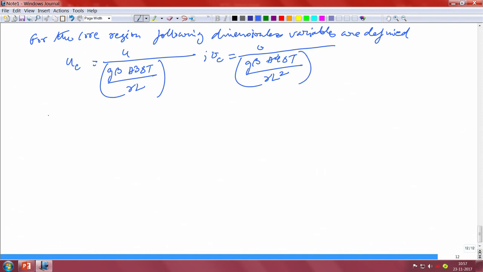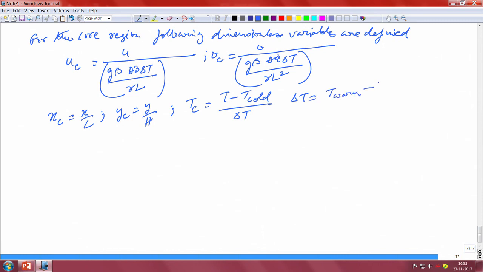Xc is equal to x by L, Yc is equal to y by h, Tc is equal to T minus T cold divided by delta T. T cold and T warm we already defined in that diagram. Delta T is given by T warm minus T cold. Got it?